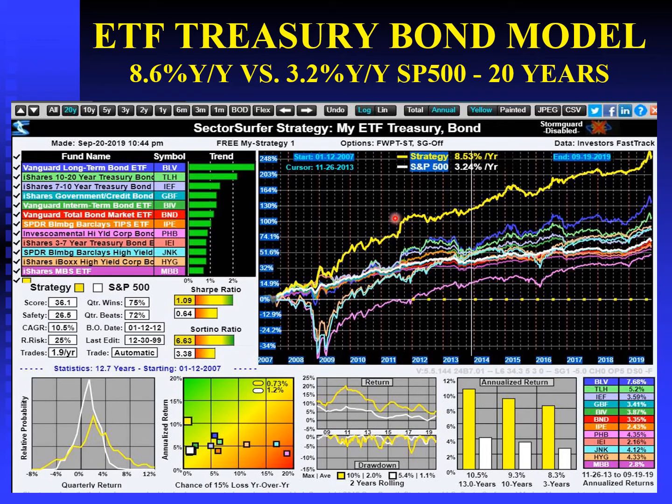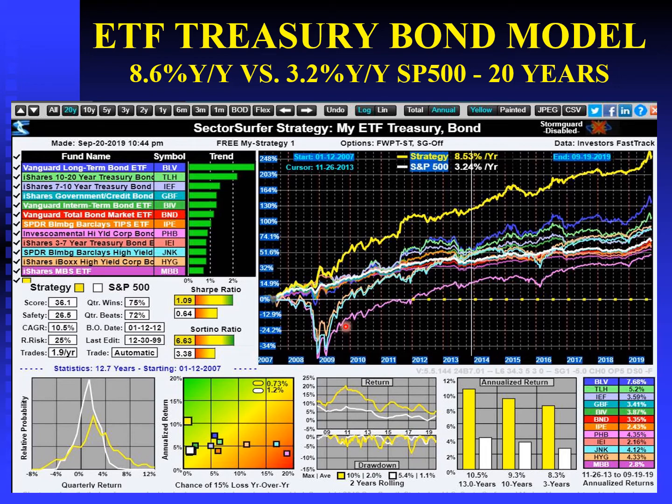And as you can see, this goes from 2008, avoided the decline here because the bond market, by the way, was strong. And the bond portfolio had this performance, while the market, which was the white line, is this one. So the bond model widely outperformed the stock market since 2008 using their timing mechanism.